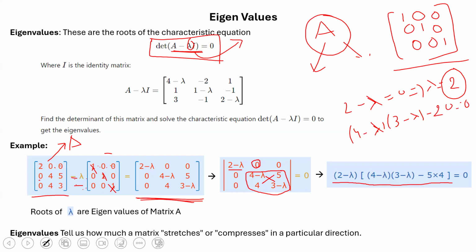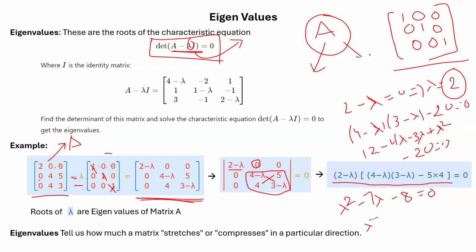4 3s are 12, minus 4 lambda minus 3 lambda plus lambda square, minus 20 is equal to 0. So this becomes lambda square minus 7 lambda, and 12 minus 20 is minus 8. So lambda square minus 7 lambda minus 8 is equal to 0. Splitting the middle term, lambda square minus 8 lambda plus lambda minus 8 is equal to 0.